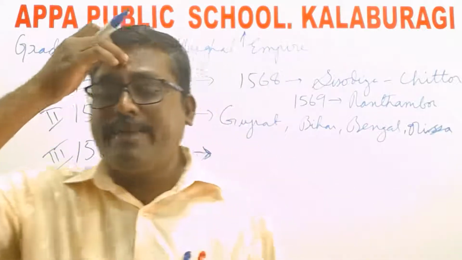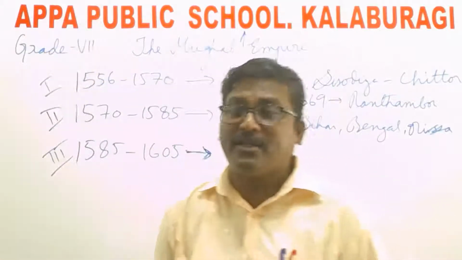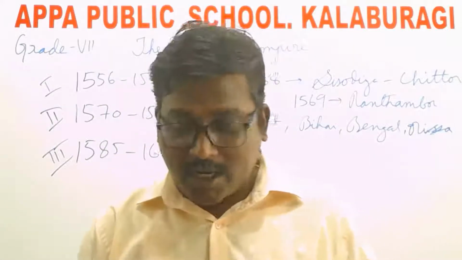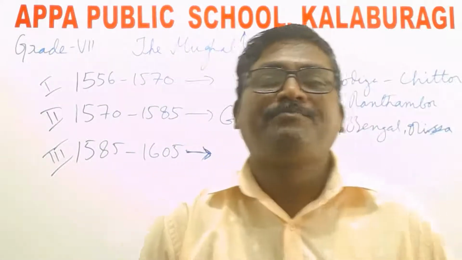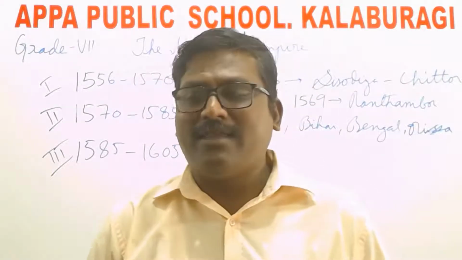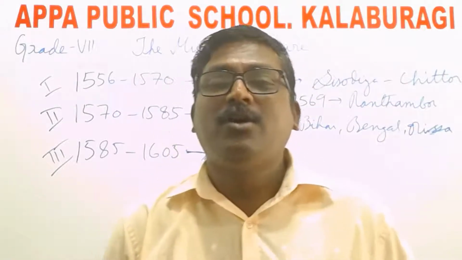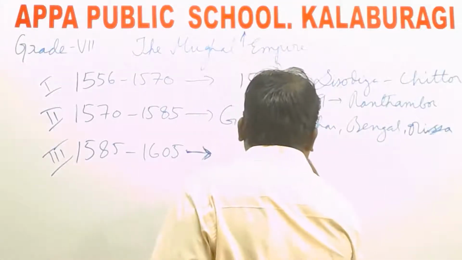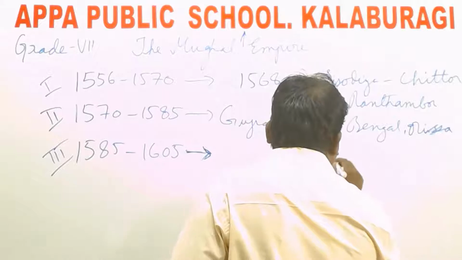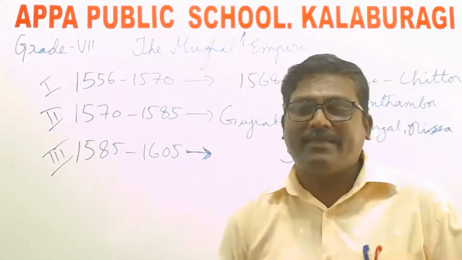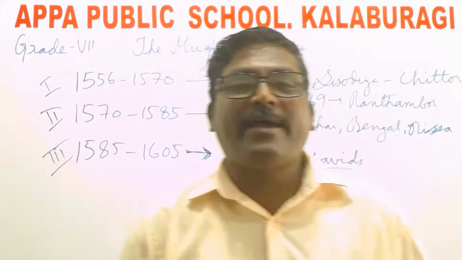So now the major portions of Afghanistan, that is Kabul, was seized, and also Kashmir was taken control of by Akbar, and also we can see that Kandahar was seized. Kandahar, a place in Afghanistan right now, was also seized from the Safavids, who were the rulers of Kandahar. The Safavid dynasty was ruling Kandahar. It was also annexed by Akbar.